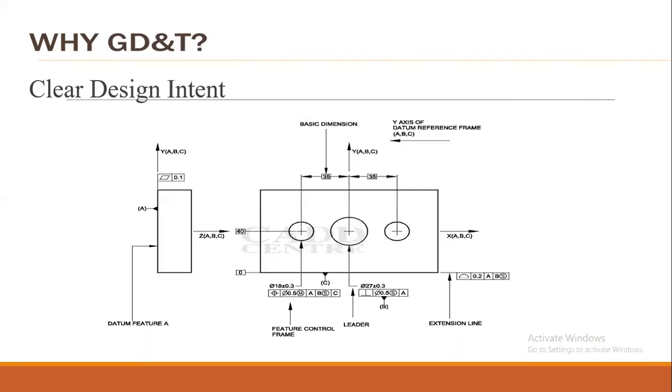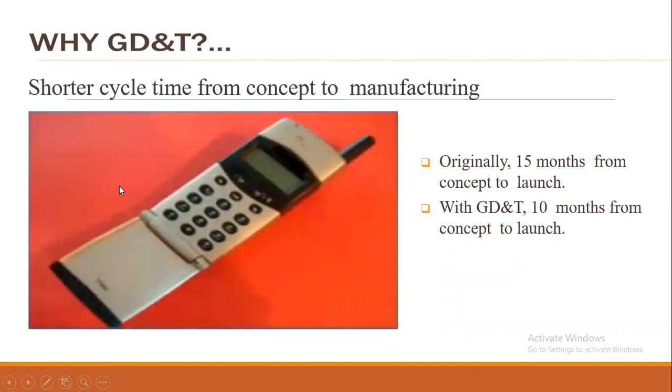Then clear design intent: if you see this 35, we have the same dimensions. If I measure 35 in the upper and 35 in the lower, it's not clearly visible or understandable. So for understanding purposes, we have to maintain symmetry or equal dimensions or equal representations. Such rules we have to maintain.